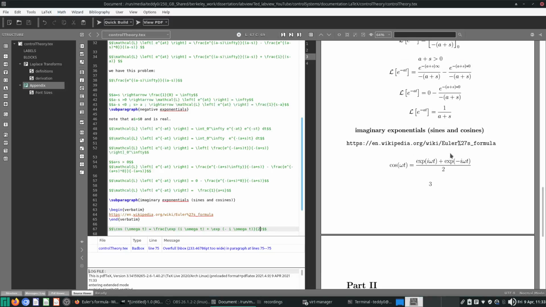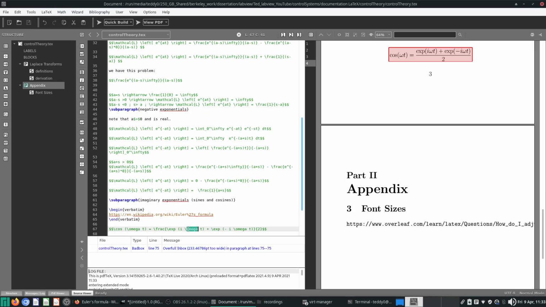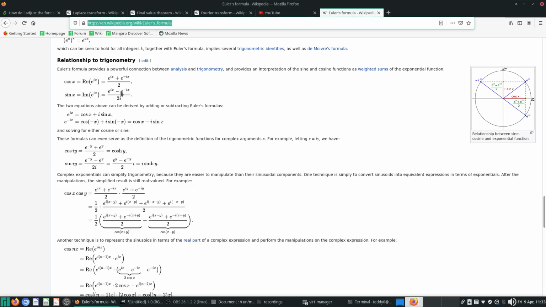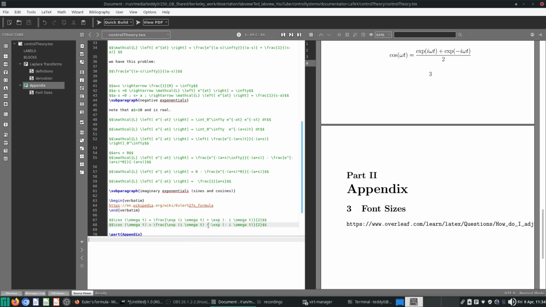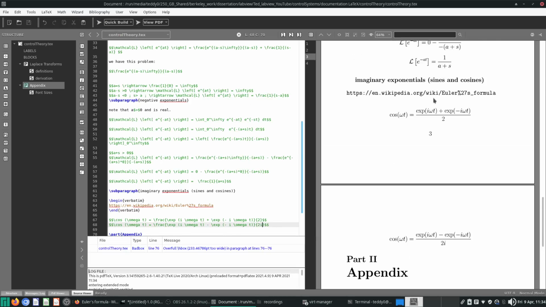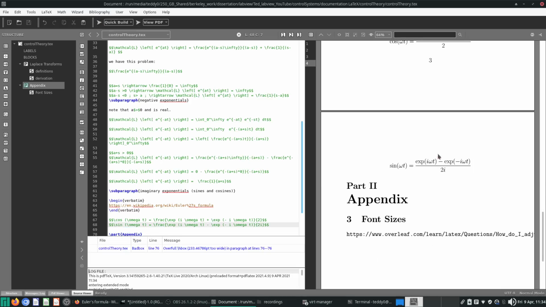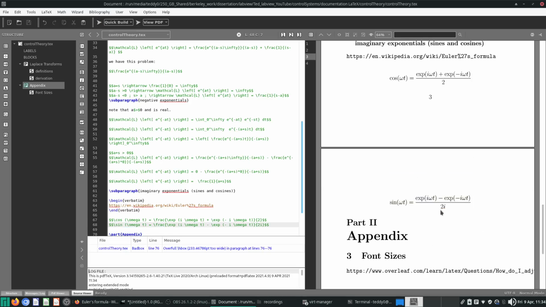Of course we can do the sine part as well, which is exponential i omega t minus exponential minus i omega t, over 2i. So this will be a sine, not a cosine. The shape is more or less the same, it's just that there's a 90-degree, or pi by 2, phase difference.